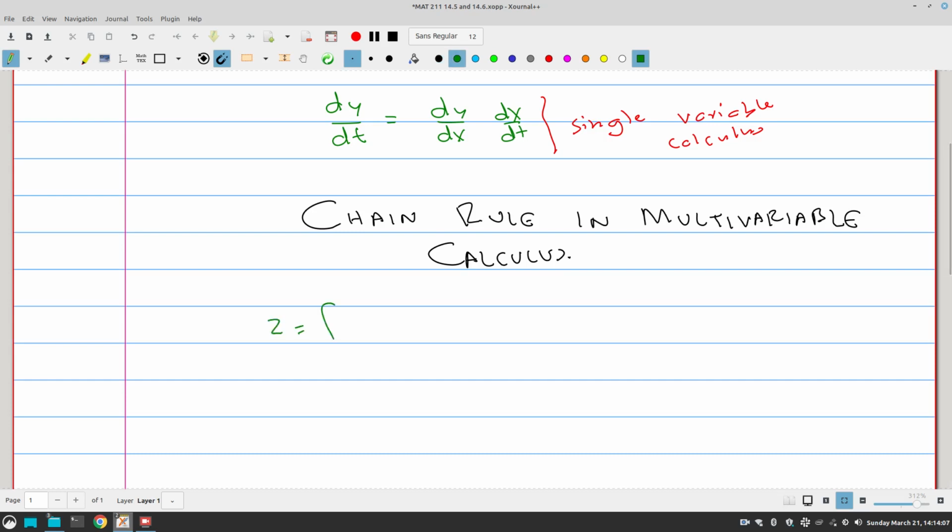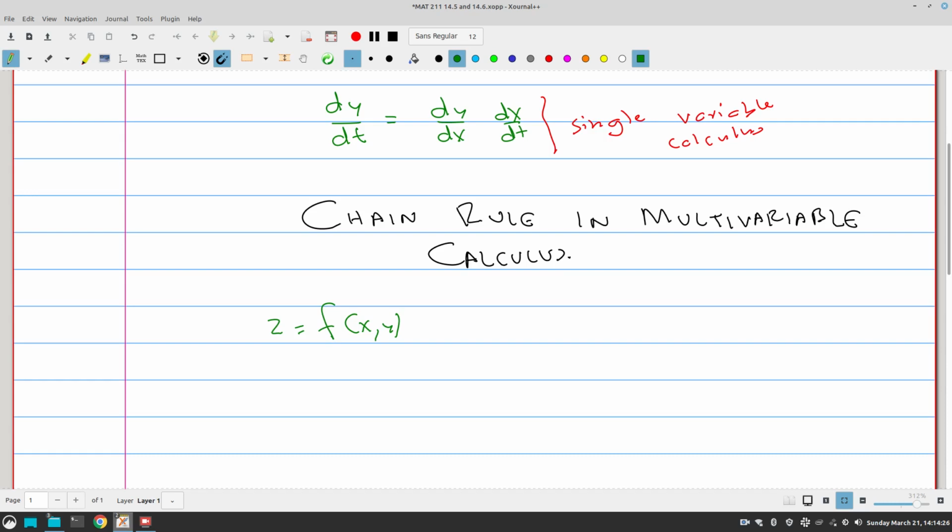Z is a function of both x and y, and this is differentiable, right? And remember, we looked at the definition of differentiability in the previous lecture.